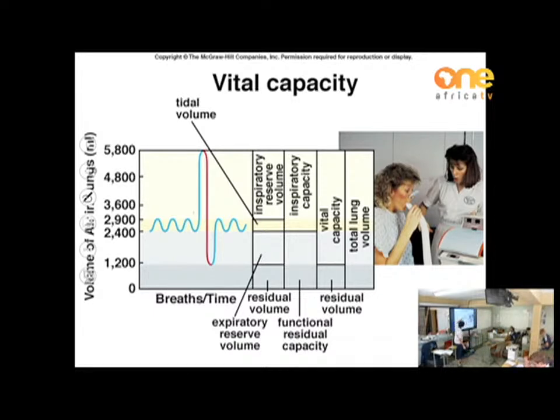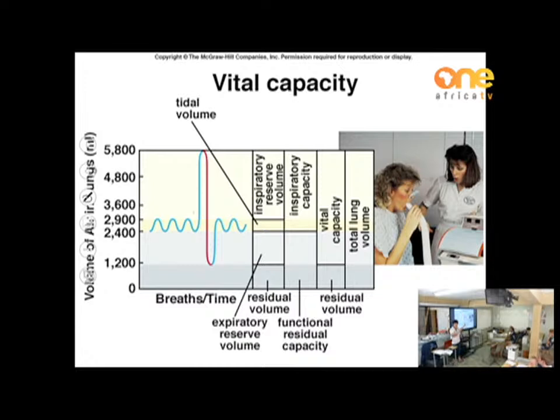The tidal volume is breathing normally, and then you have a higher inspiration and expiration, and that's all that you need to know. You do not have to know all these words. I just want you to understand that the tidal volume is my breathing without exercising. But can you see that I can increase the volume? The inspiratory volume I can increase, and the expiratory volume I can increase.